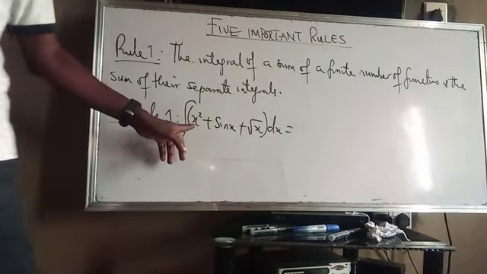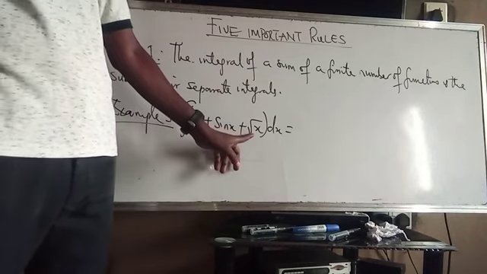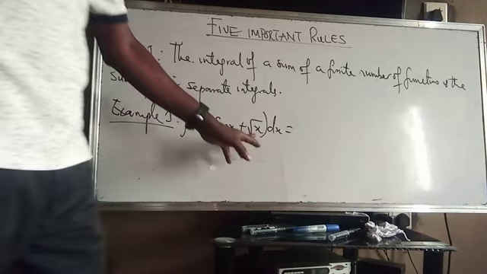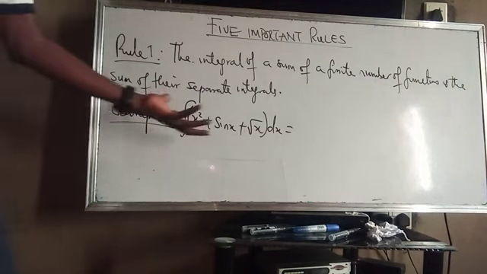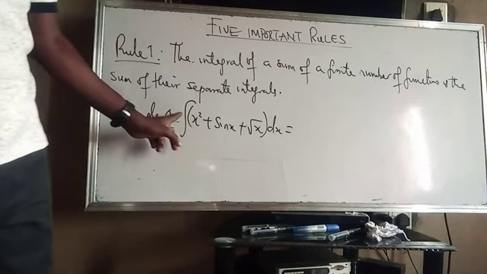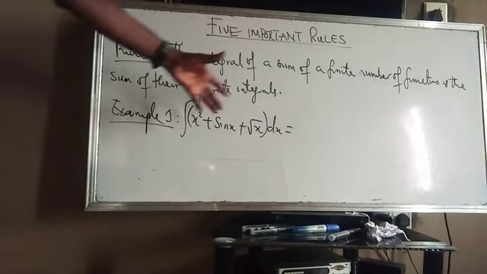The first one is an algebraic function, x squared. Sine x is a trigonometric function, and the third one is a square root function. Sorry, that was a slip of the tongue. So we have 3 different types of functions here. We have to find the integral of a finite number of functions, which is the sum of their separate integrals.